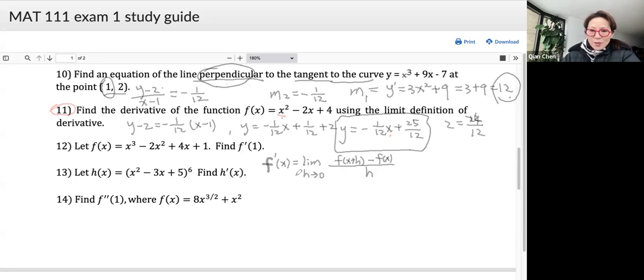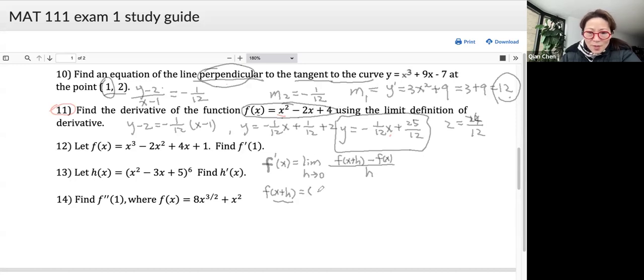So basically we need to calculate f of x plus h first. So go to the function. The input now is x plus h, right? So this function is saying square the input, minus 2 times the input, then plus 4.